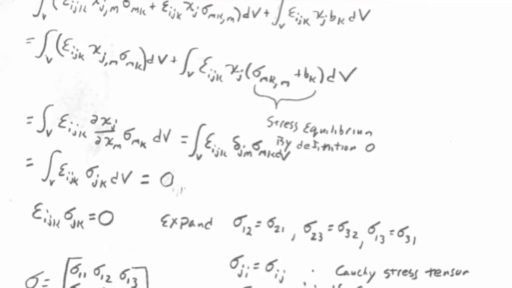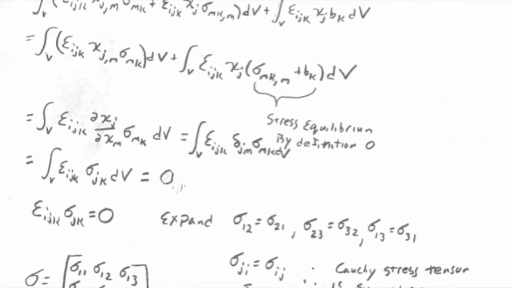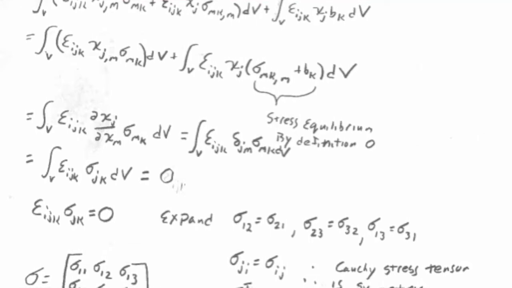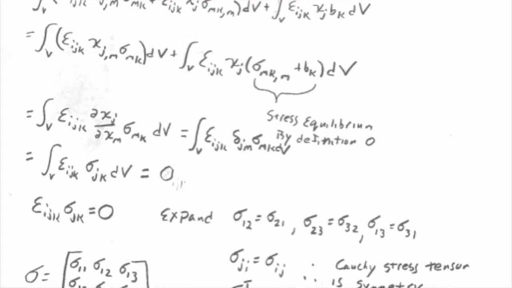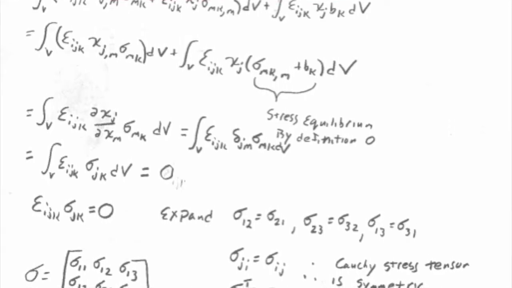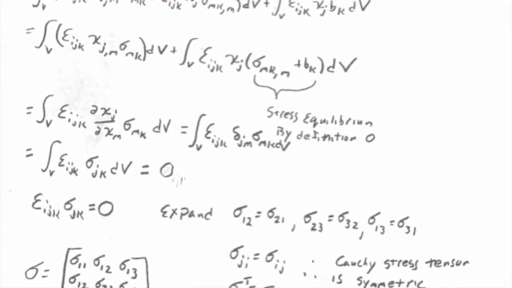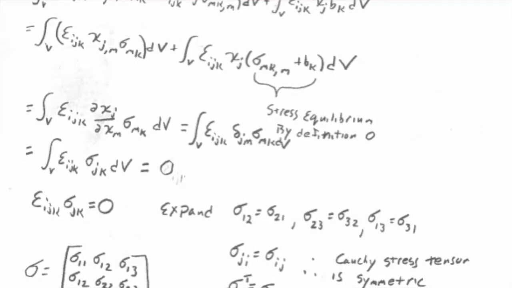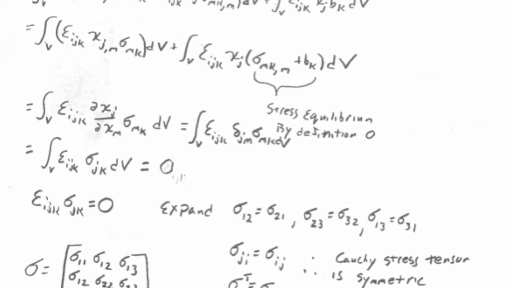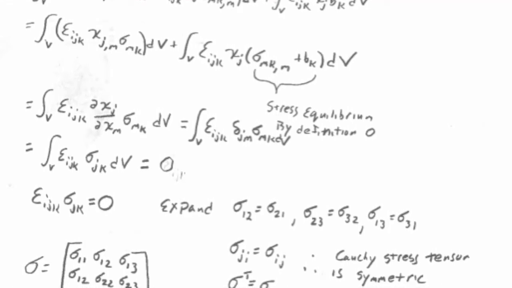So we can write this out, expand this out. Epsilon_1jk sigma_jk plus epsilon_2jk sigma_jk plus epsilon_3jk sigma_jk equals 0, right?